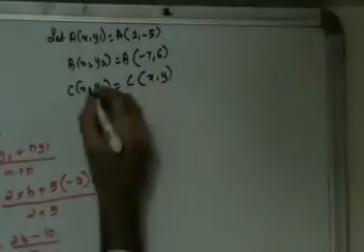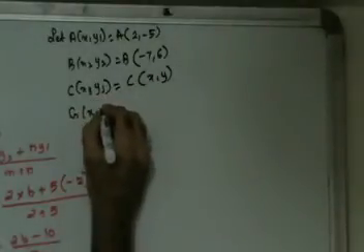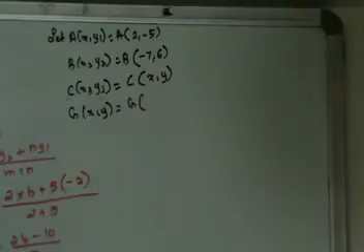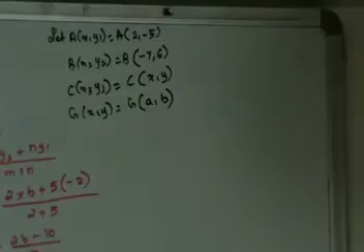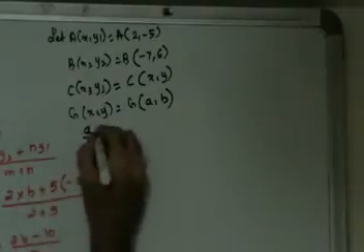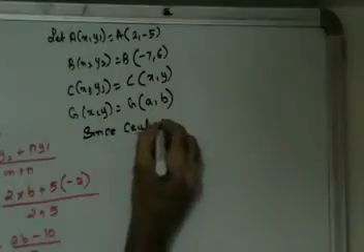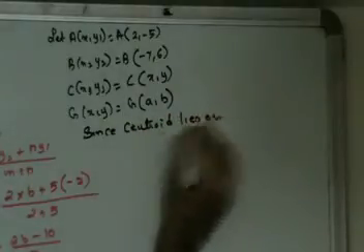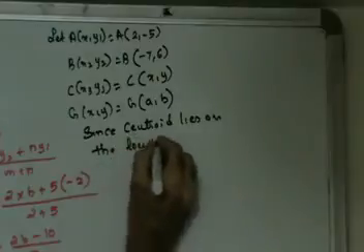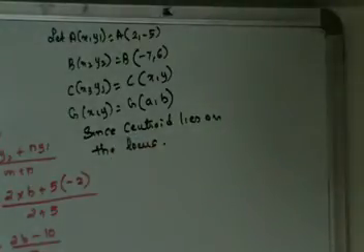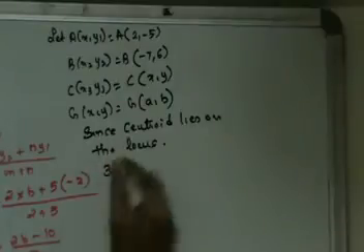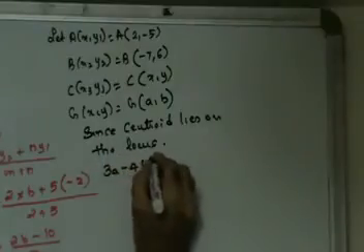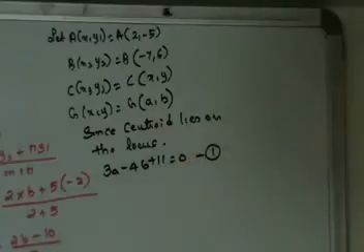So you will assume this to be (x, y), and centroid G is given as (a, b). Right? These are our assumptions. Once you've done the assumption, you can say since centroid lies on the locus, the coordinates of the centroid should satisfy the equation of the locus. That means instead of x I can write a, and instead of y I can write b. Let's call this equation 1.